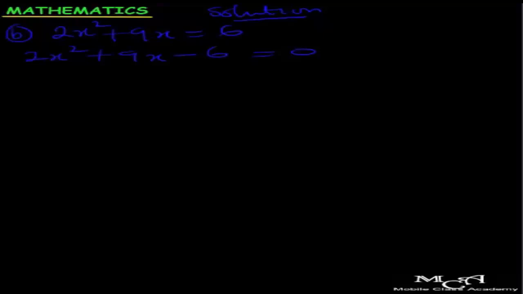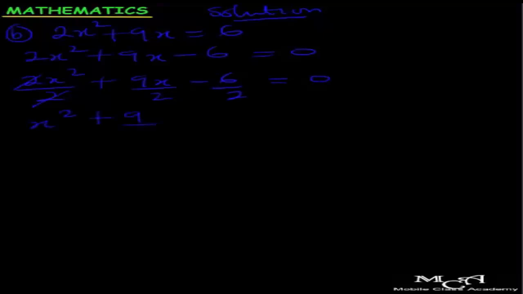So if I divide through by 2, I have 2x squared over 2 plus 9x over 2 minus 6 over 2 equal to 0. 2 cancels 2, and I have x squared plus 9 over 2 x minus 6 over 2 is what? 3 equal to 0.